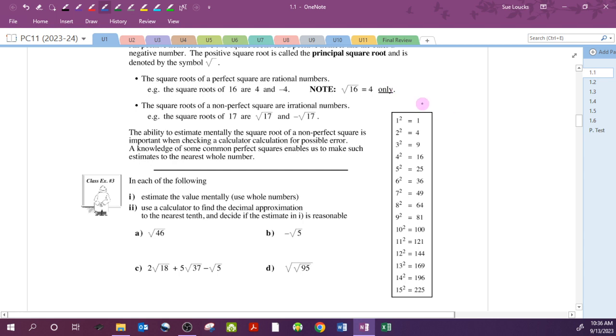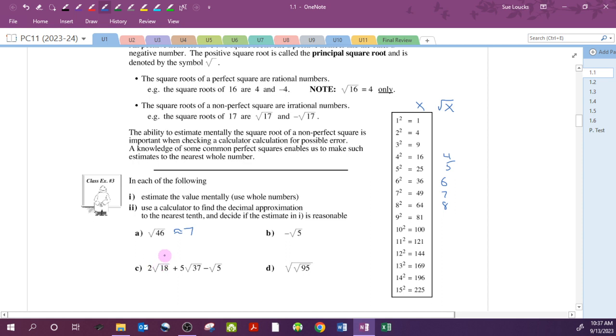Okay, if this is my x, the square root of x, the square root of 16 is 4, and the principal or positive square root of the next ones is 5, 6, 7, 8. So 46 is between 36 and 49, and it's closer to 49, so we would estimate the square root of 46 as about 7.